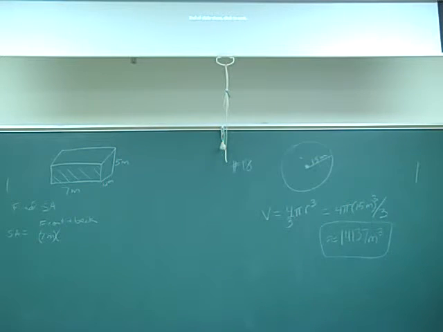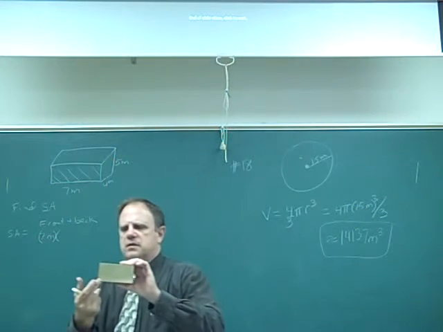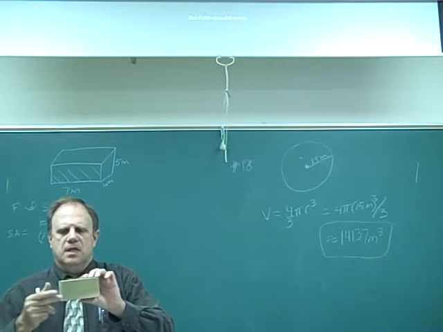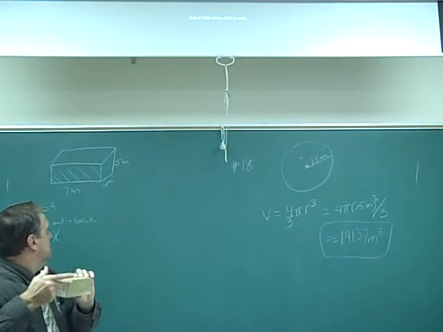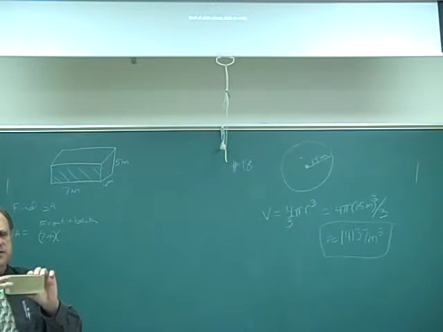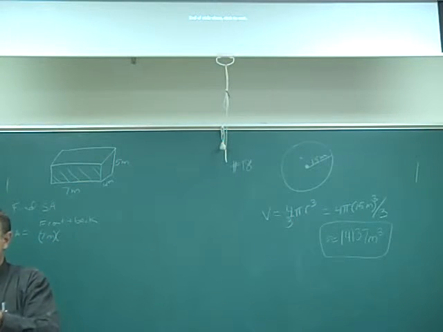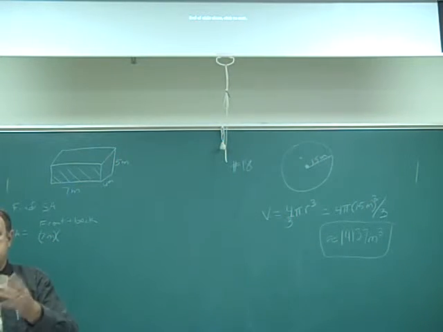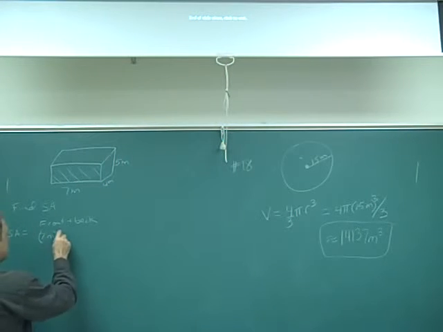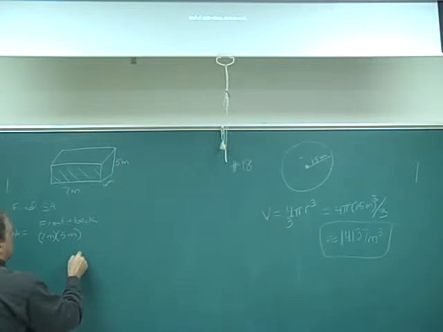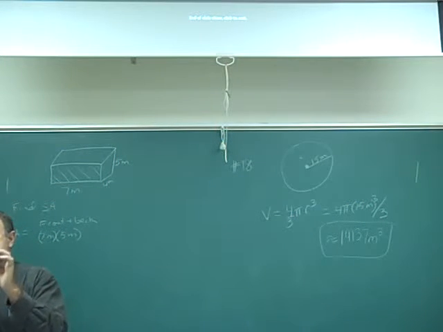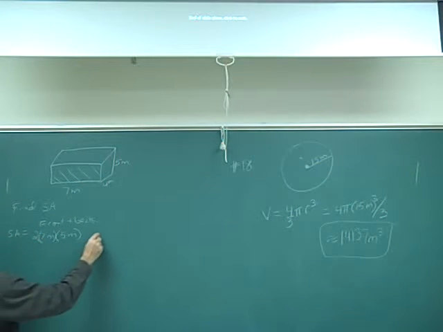Here's our prism, right? There's 7. And what else do we need? The height of the front, right? Which would be 5, right? 4 would be the depth. So 7 meters times 5 meters. If we got the front, we got the back too, right? Front and back, so we just multiply that times 2.